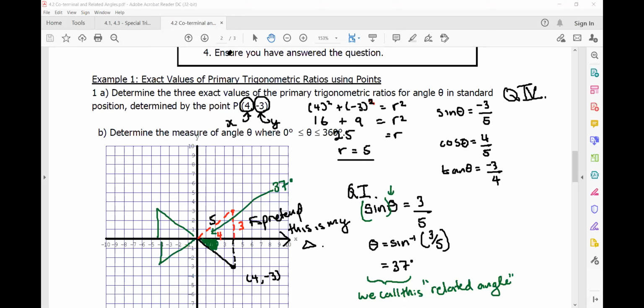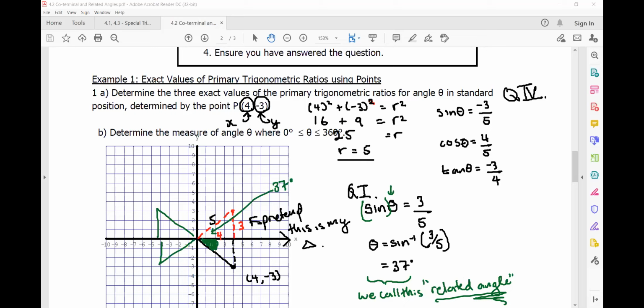Okay, so that's called the related angle because you're going to see it. And this is going to pop up again and again. So even if you don't quite understand where this related angle comes from, just know that we identified 37 to be this on this imaginary triangle in quadrant 1. And that same angle can be applied to our original triangle in quadrant 4.